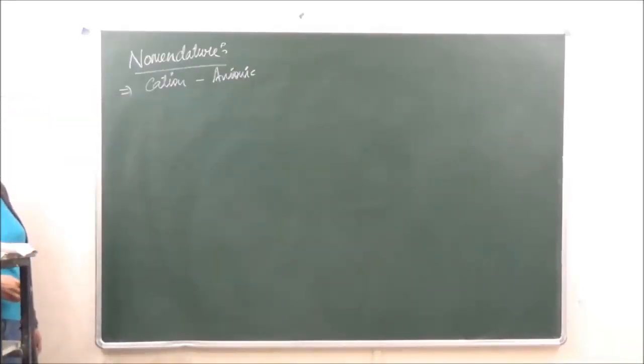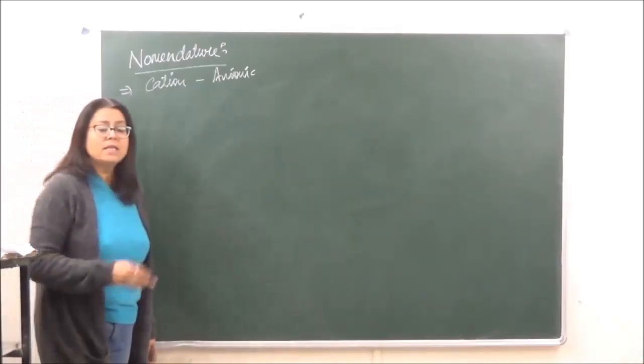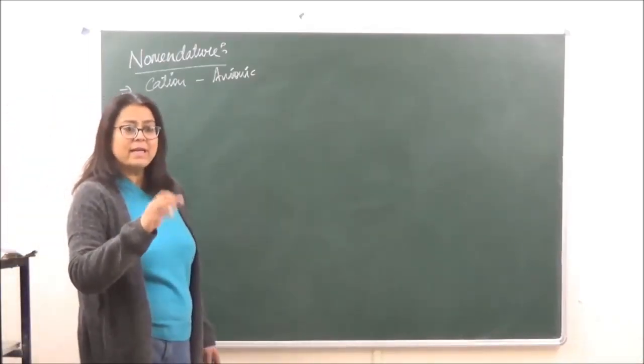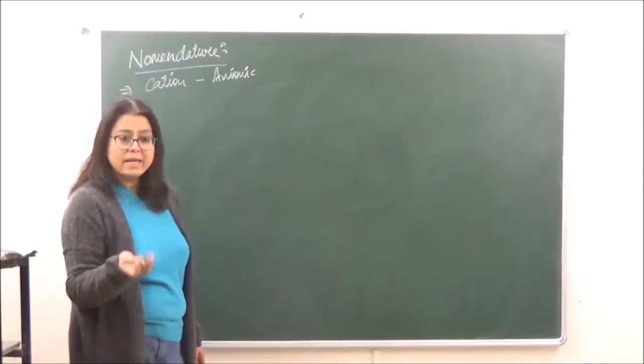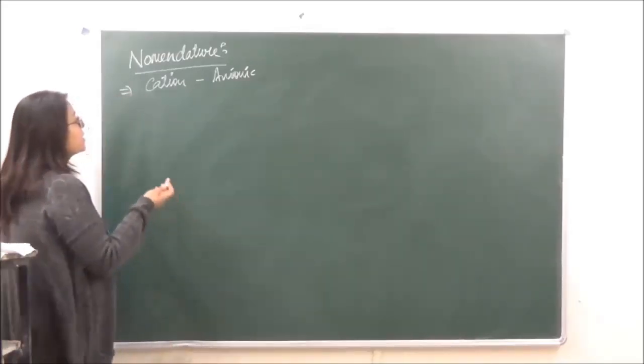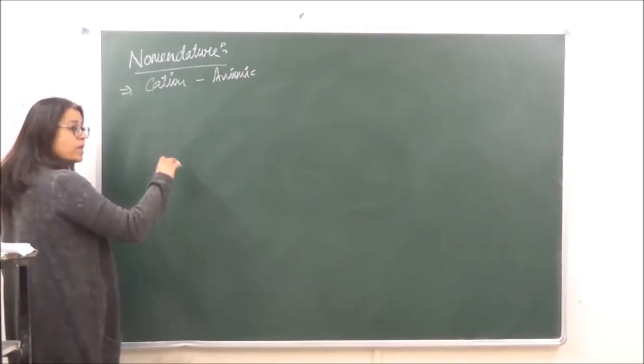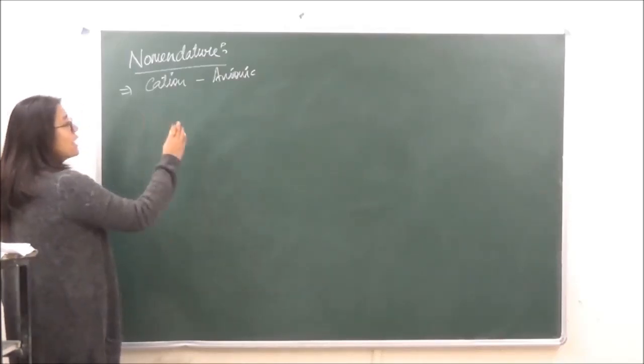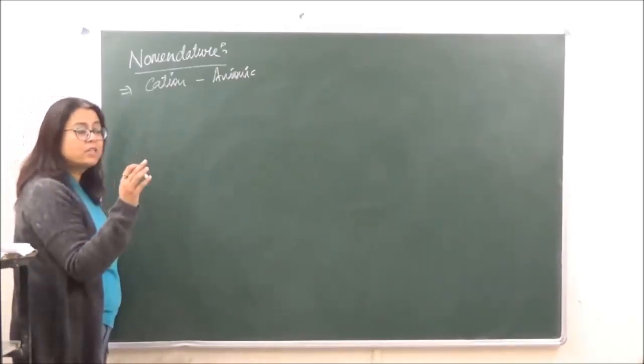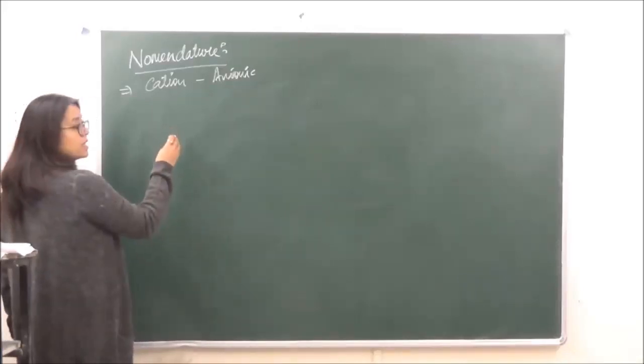Now, when we are talking of cationic and anionic species over here, the coordinate entity that we talked about can either be cationic or anionic. So if the coordinate entity is cationic, then the counter ion is going to be negatively charged. We have already done what a counter ion is.